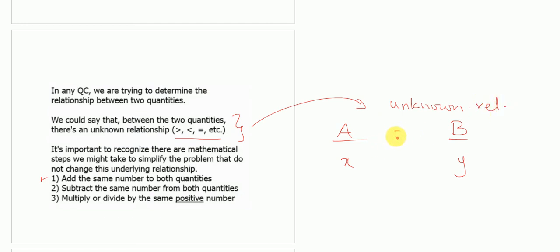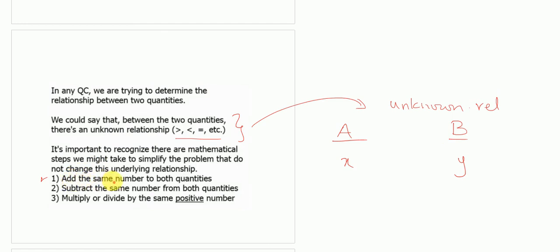It could be equal to, it could be greater than, it could be less than. And you don't know, right? So you have the ability to do certain operations between these two values.